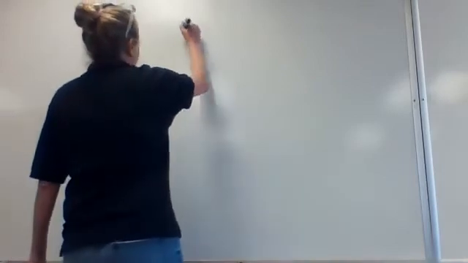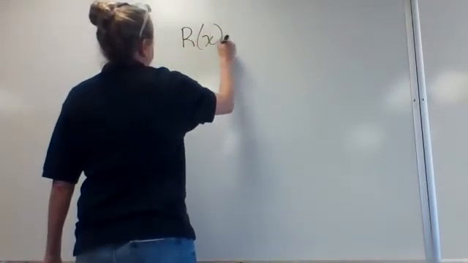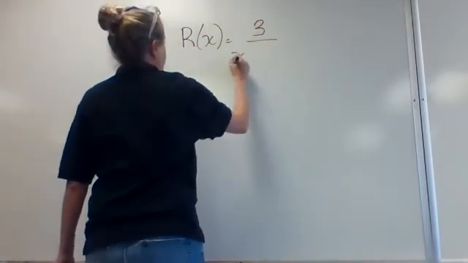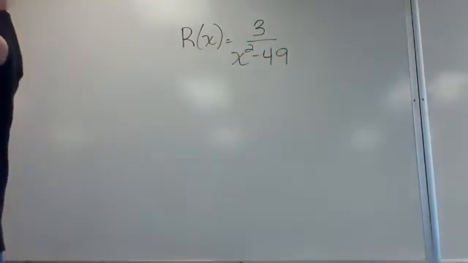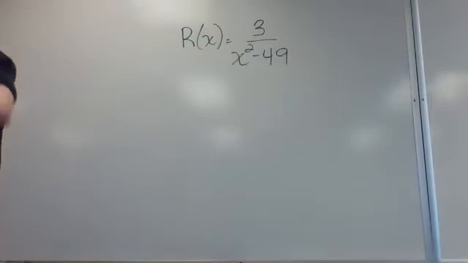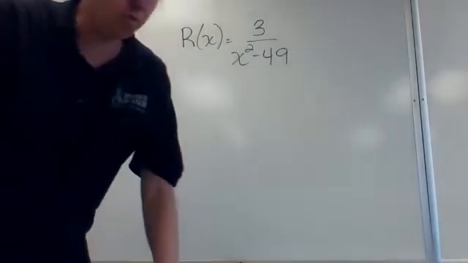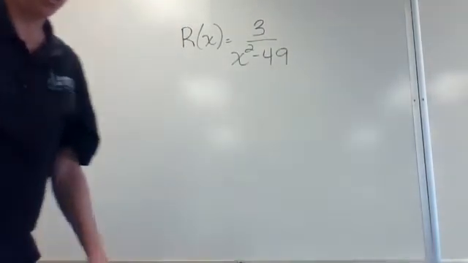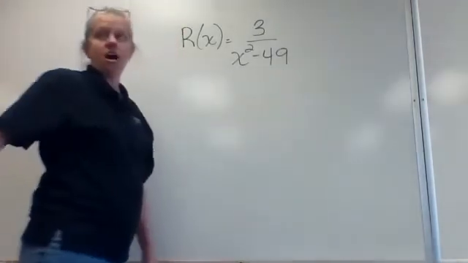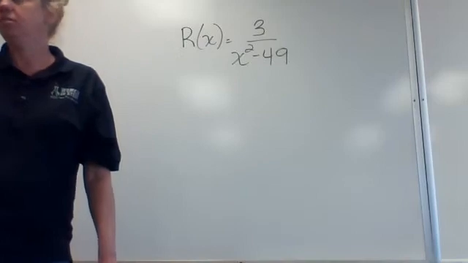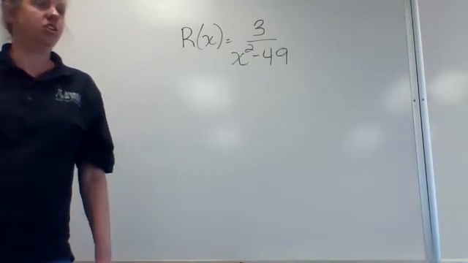Okay, so the function on number 3 is r of x equals 3 over x squared minus 49. The first thing it wants to know is what are the vertical asymptotes, which means zeros of the denominator that are not zeros of the numerator.